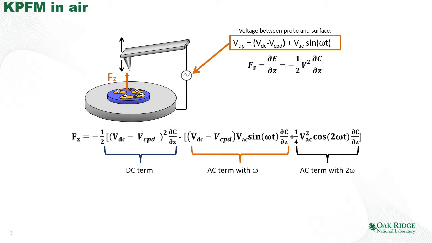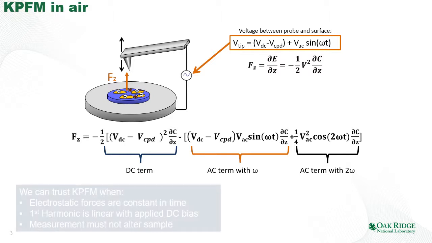If we expand this force into a series, we get a DC component, which is time independent. We have the AC component, which is modulated at the frequency of the excitation voltage. And we have a second harmonic component, which is proportional to the square of the excitation voltage, but does not depend on the contact potential difference of the surface.